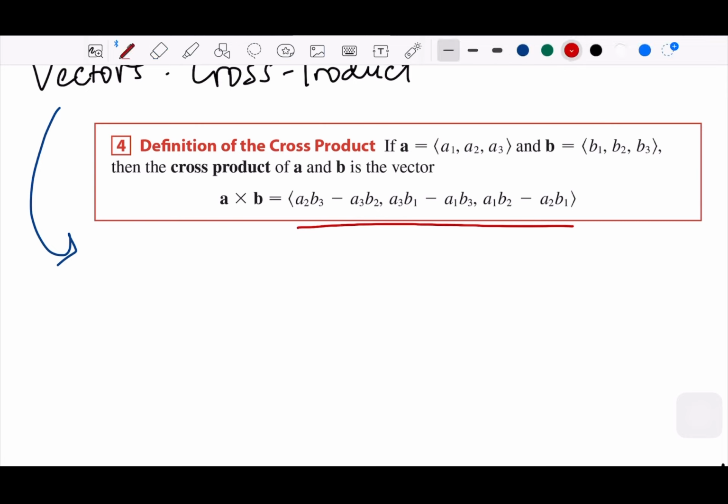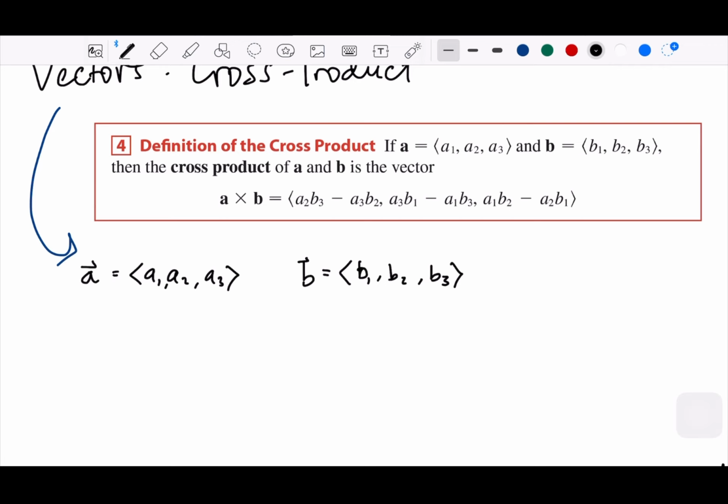So let me start first with the reason why the cross product becomes important. Suppose that we have vector A, let's say A has A1, A2, and A3, and we have B that is B1, B2, and B3.